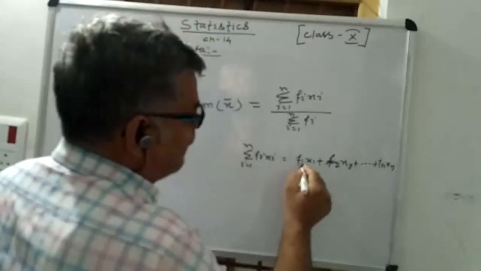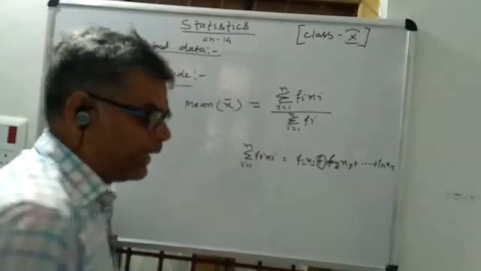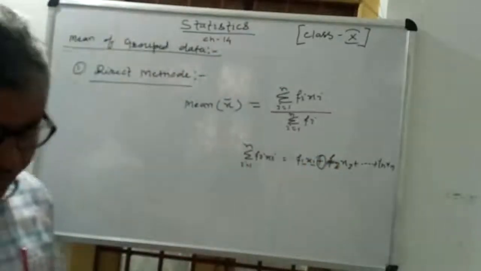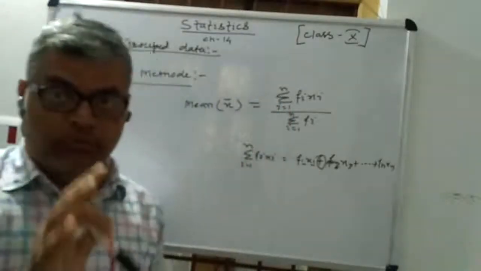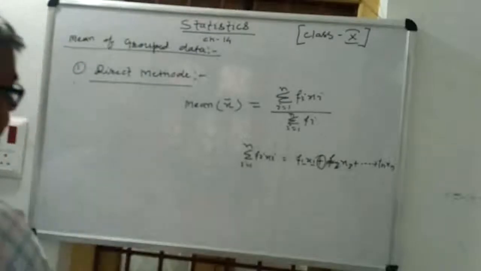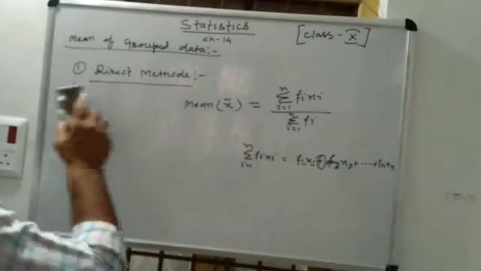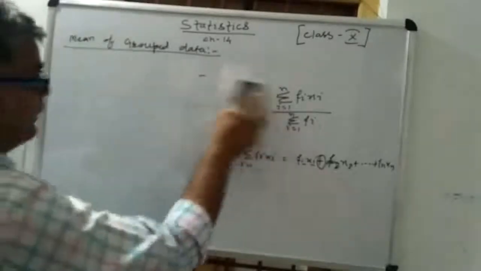So whenever the value of i changes, a plus sign comes in between them. This is the meaning of the symbol called summation. So let's take a question and find the mean by direct method.